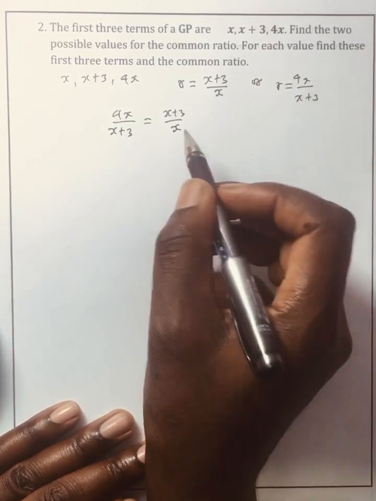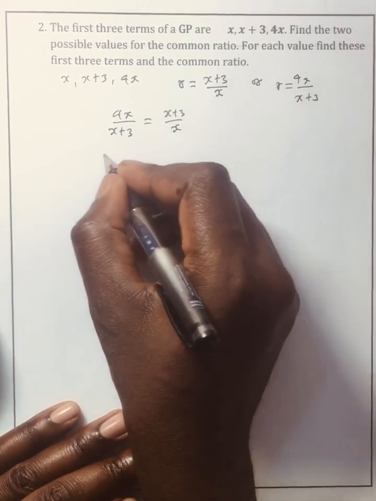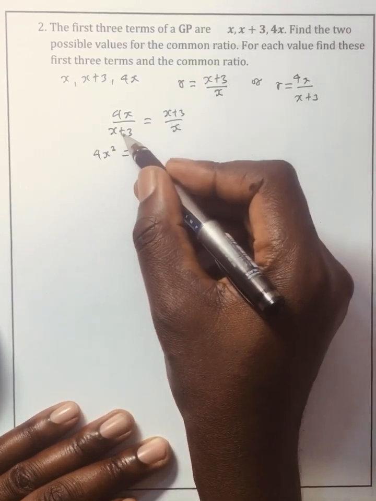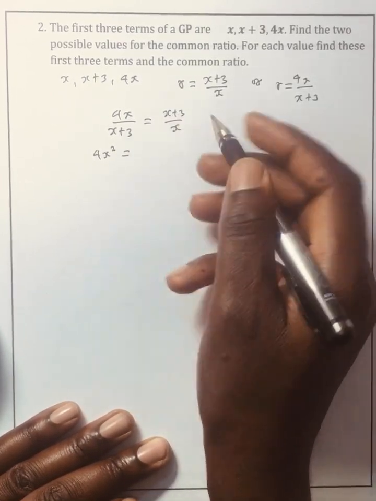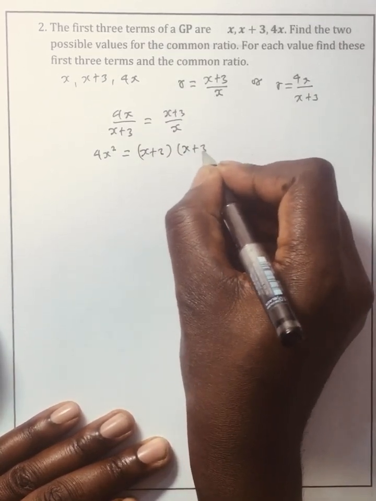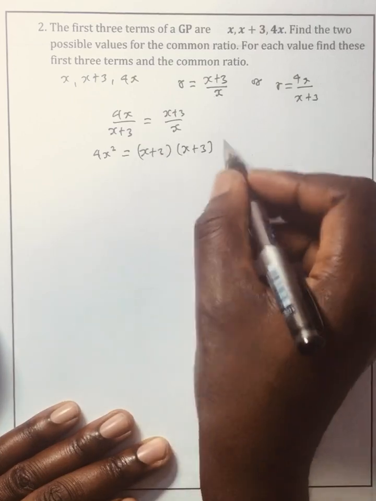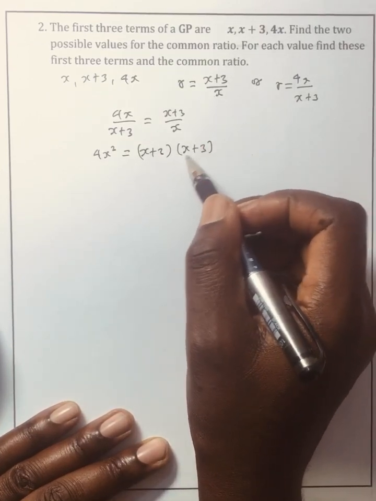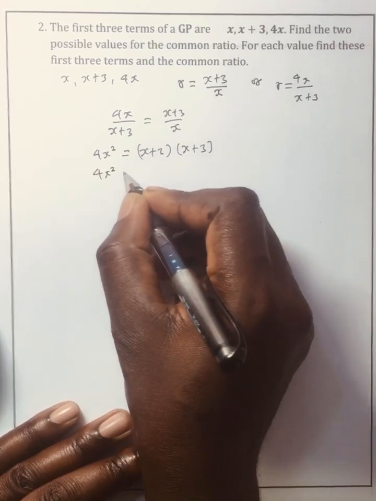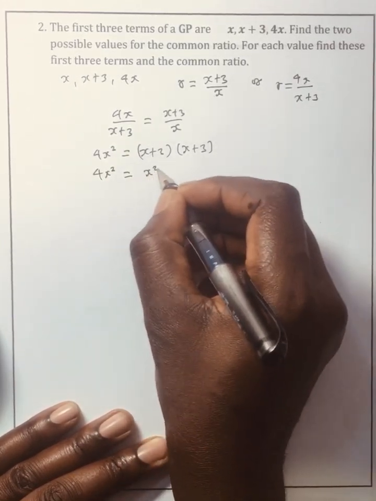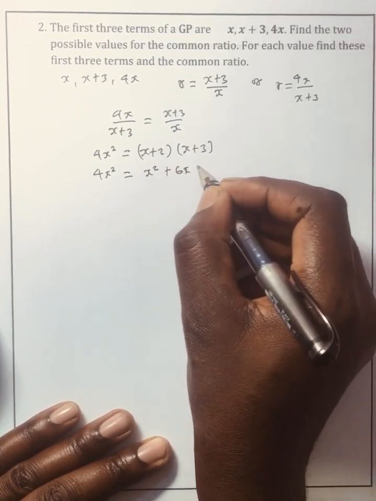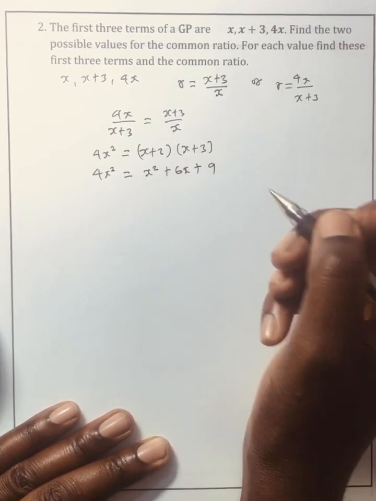So we can cross multiply, so that we have x times 4x, that is 4x squared, is equal to x plus 3 times x plus 3. If we expand this using the quadratic identities, we'll have 4x squared is equal to x squared plus 6x plus 9.